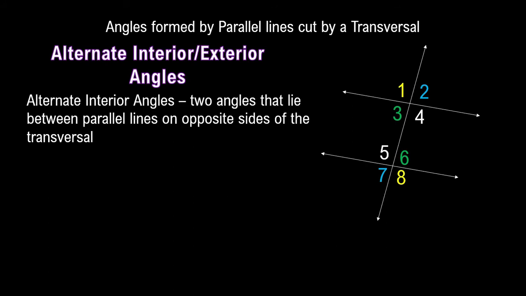Okay, now let us have the first set of angles which are alternate interiors. So we have angle 3 and angle 6. So bakit siya yung ating first alternate interior? Because these two angles are lying between our parallel lines and these are on opposite sides of the transversal.